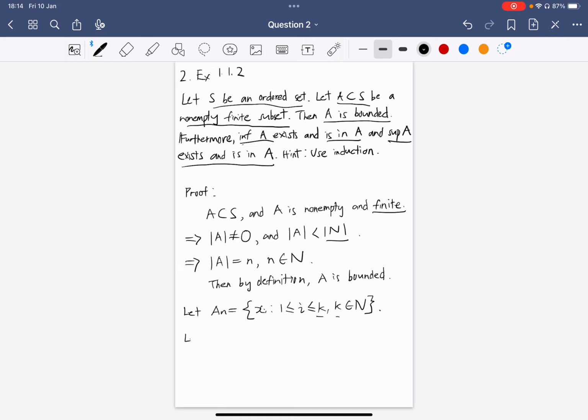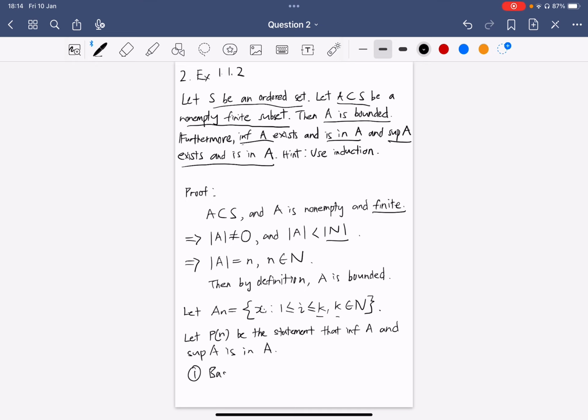And also let Pn be the statement that inf A and sup A is in A.